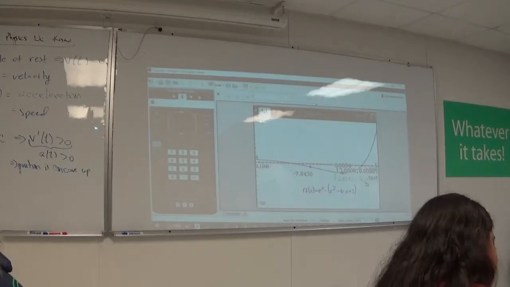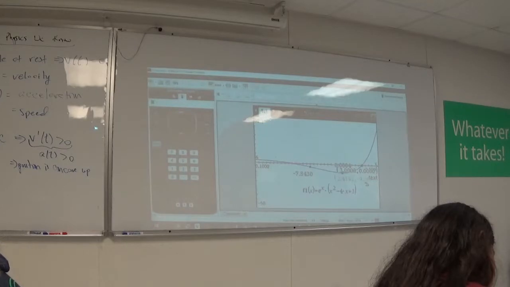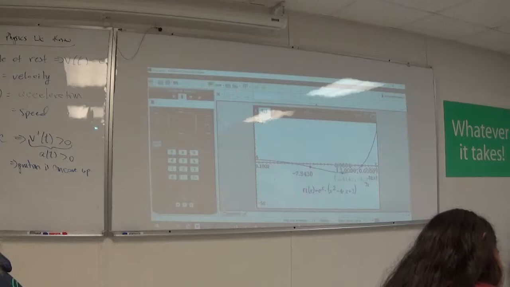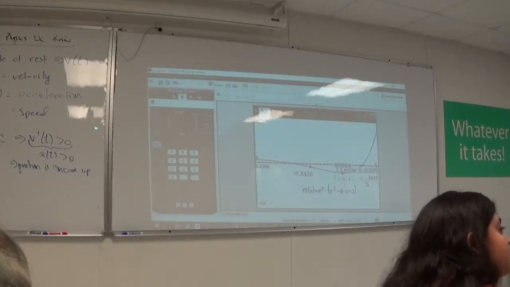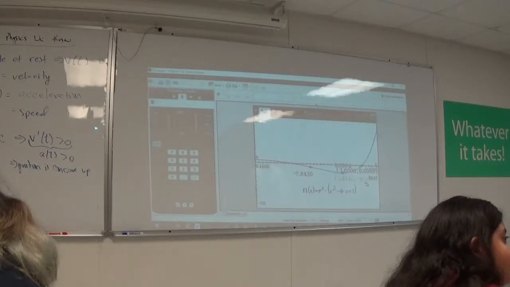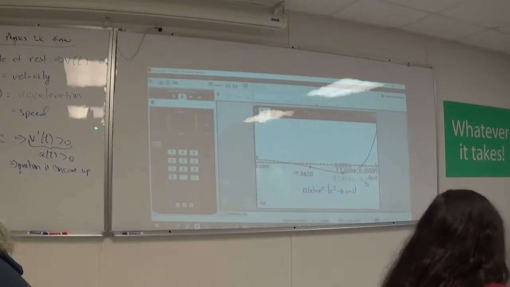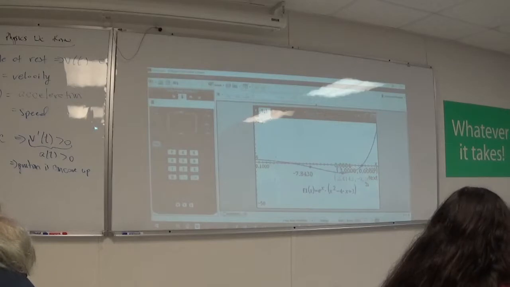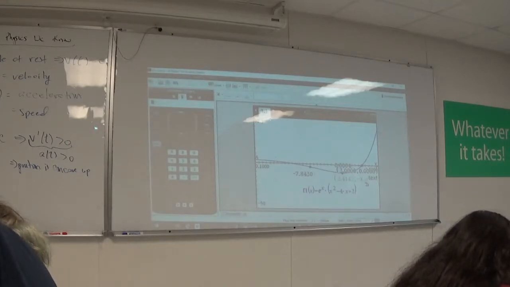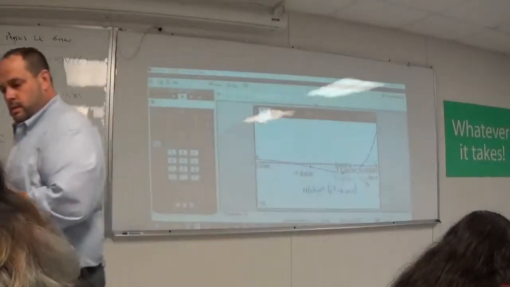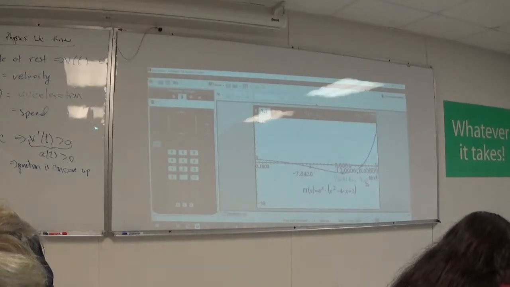At t equals 1.5 seconds, velocity decreases at a rate of 7 meters per second.